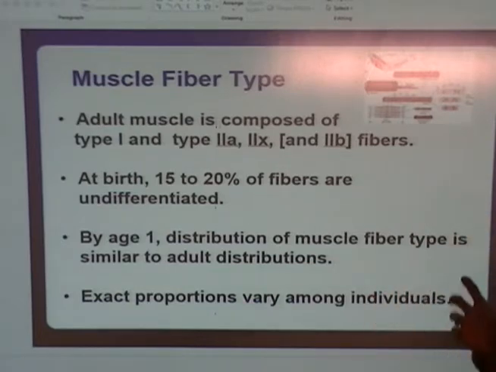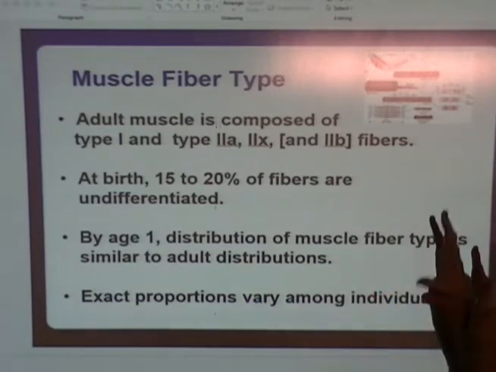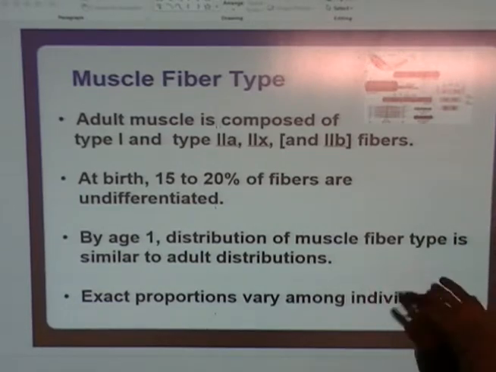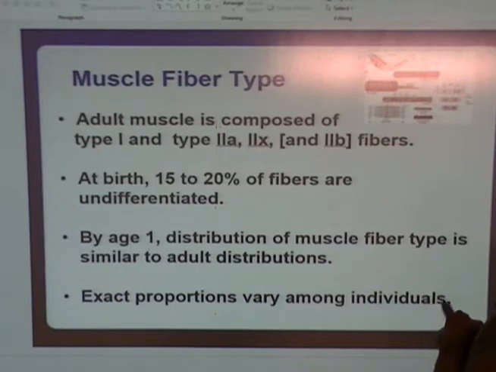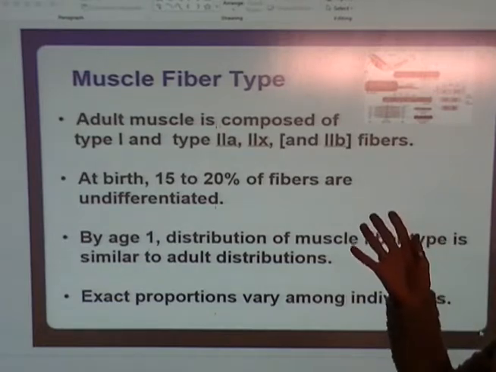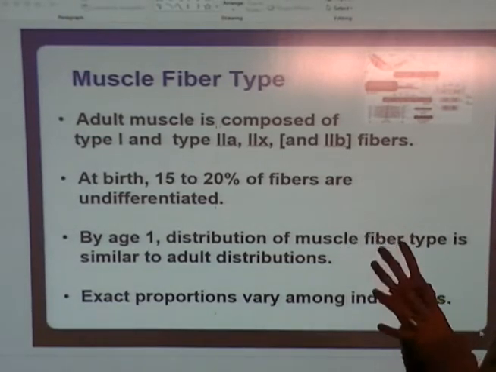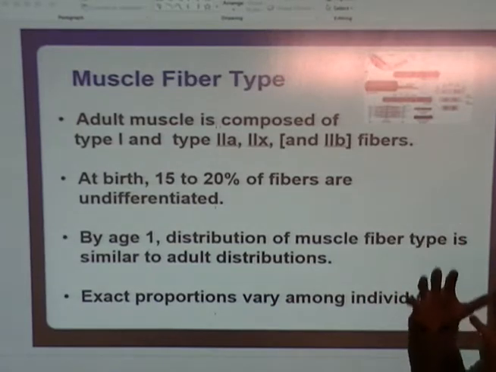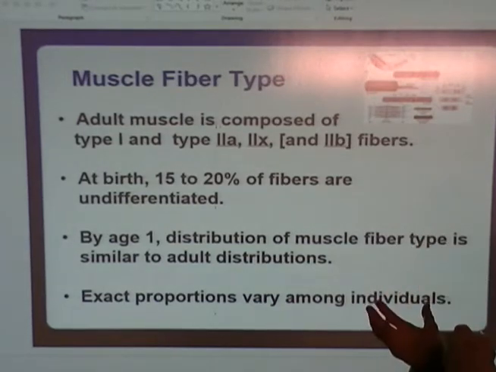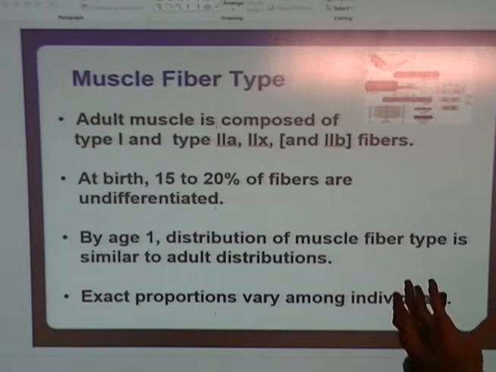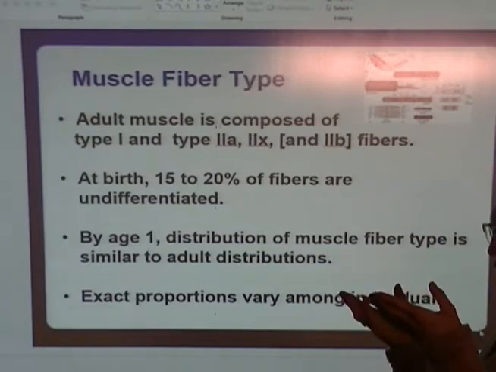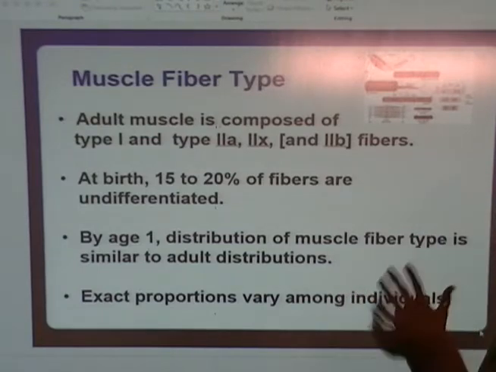So this division, this ratio between slow and fast, is very much genetically determined. And then during the first year, while we're seeing all this rapid growth, by the first birthday, by 12 months, the ratio, the division between 1 and 2s is very adult-like.